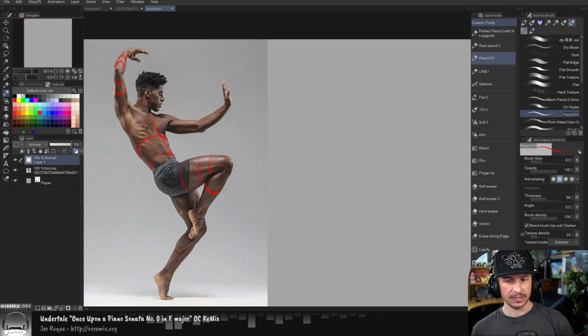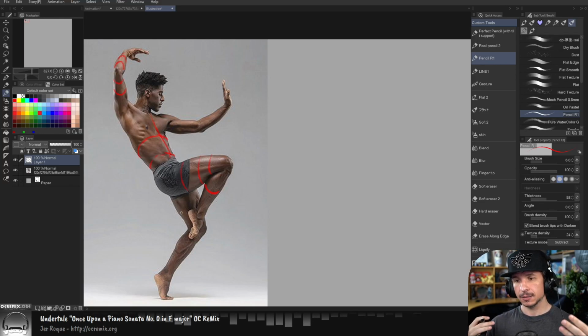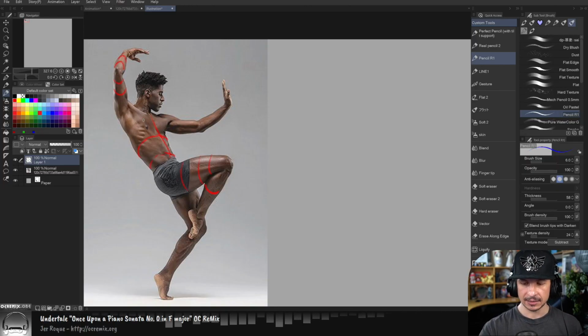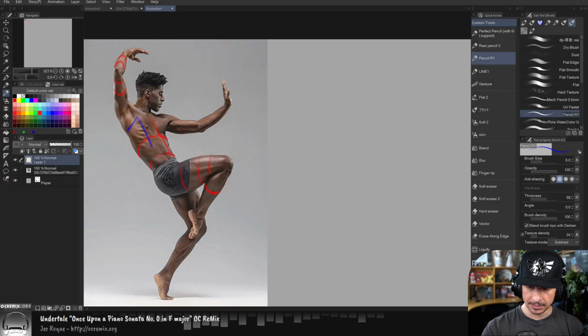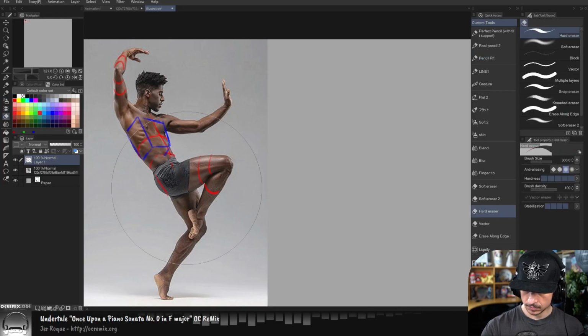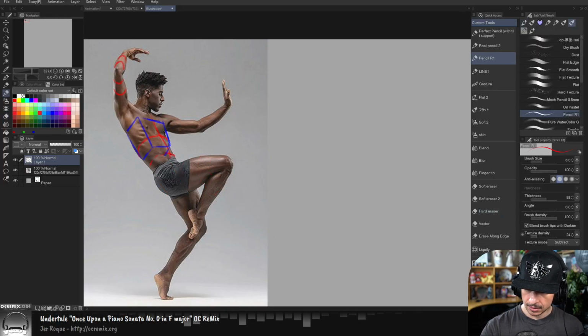And this kind of leads into understanding the contrapposto and twist of your character. So in this case, there's not a ton of it, but if we look at the body as a box here, the chest is angled this way, whereas the hips, if we were to exaggerate this a little bit, and let's do this in red so it's a little easier to see, the hips are angled this way.